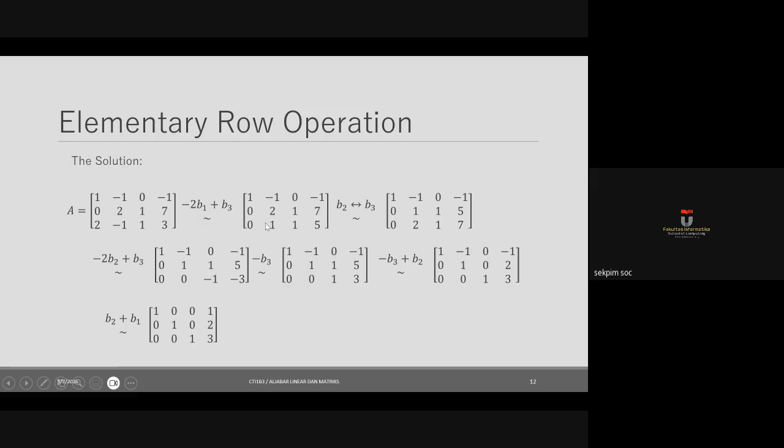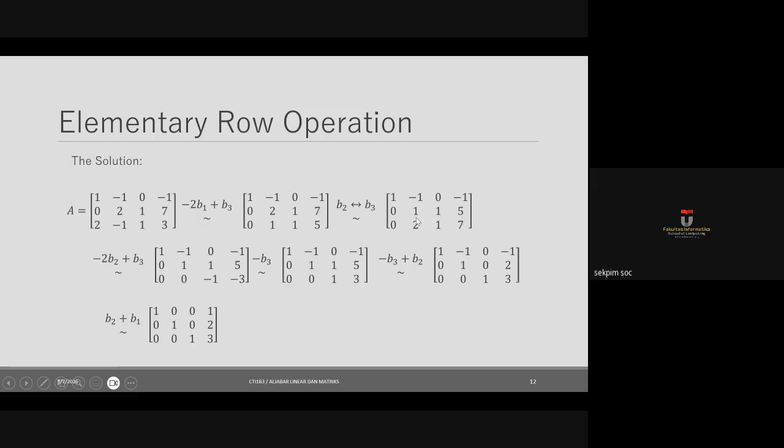So you can exchange rows 2 and 3. After we change rows 2 and 3, in the second row we have 0, 1, 1, 5, and in the third row we have 0, 2, 1, 7.